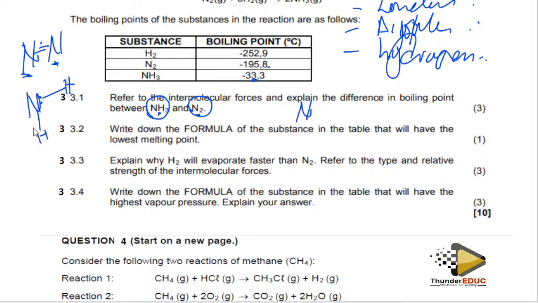It means that this one is going to be more electropositive and that one more electronegative. Therefore, this one is going to form a hydrogen bond. Hence, the boiling point of ammonia is going to be higher than the boiling point of nitrogen.